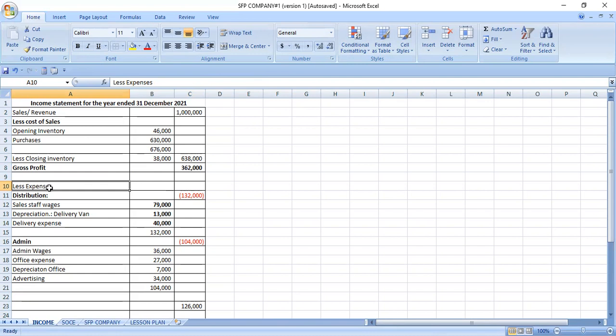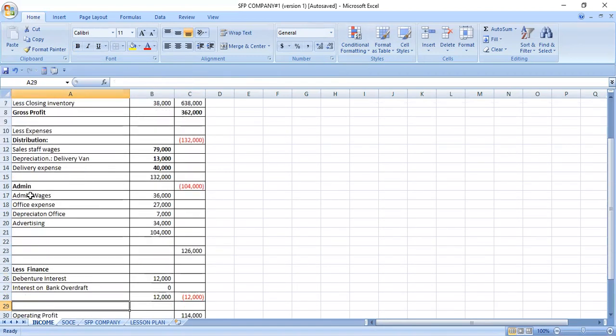Then you less what do we call them? The expenses. So the expenses in a company setup are categorized into groups. Let's say 3 groups: expenses that are related to distribution, expenses that are related to administration, the admin expenses, then the finance costs. All these are deducted.